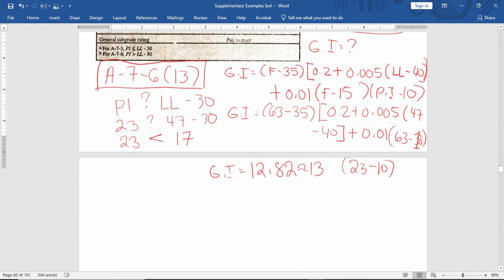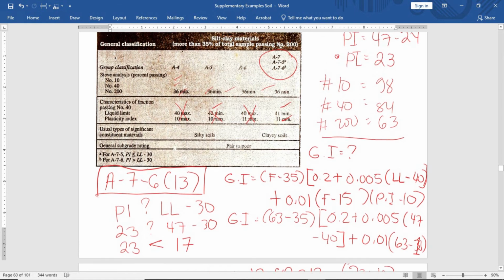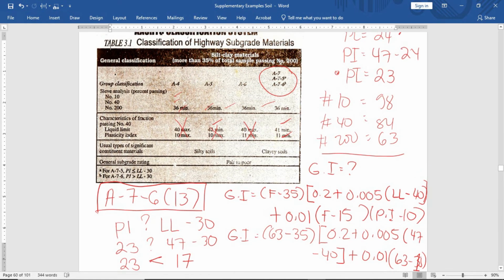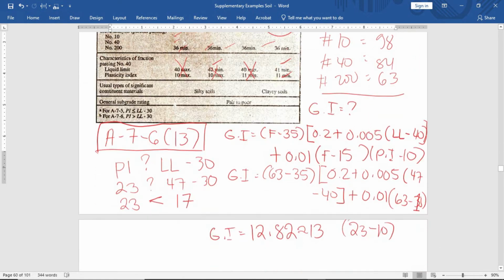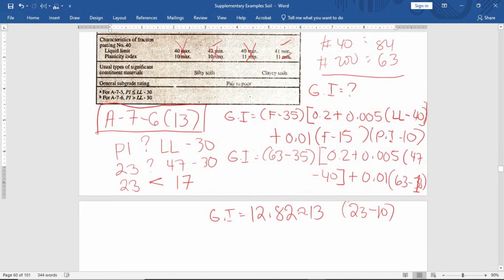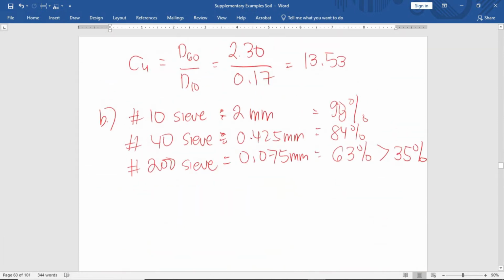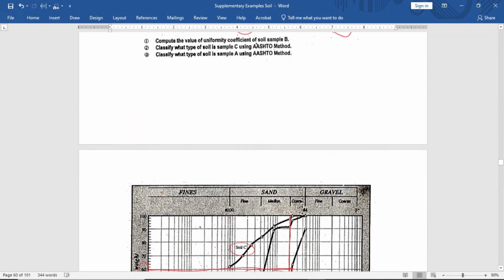So, after that, since tapos na natin ang B and C, punta naman tayo sa letter A. Tingnan natin ulit yung table.